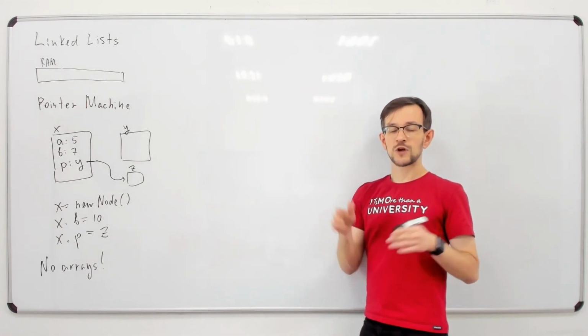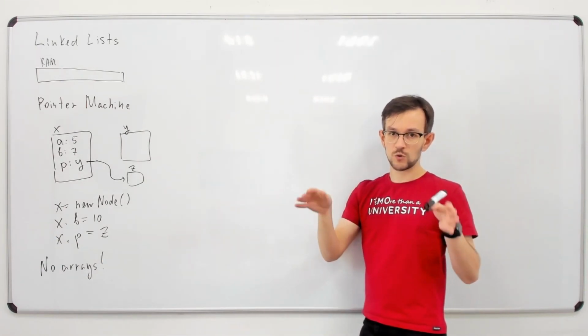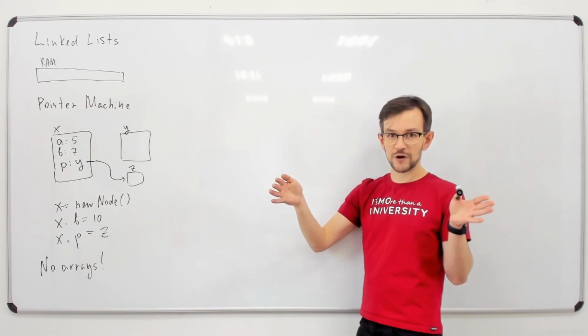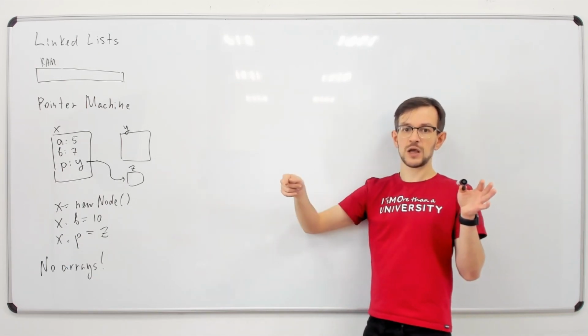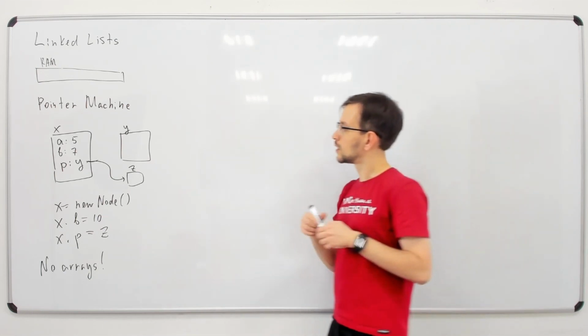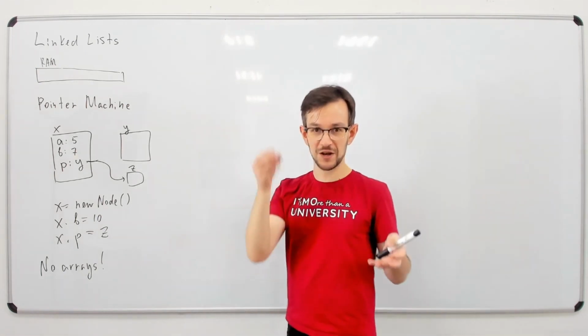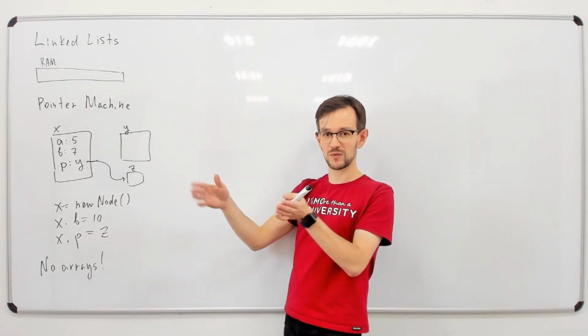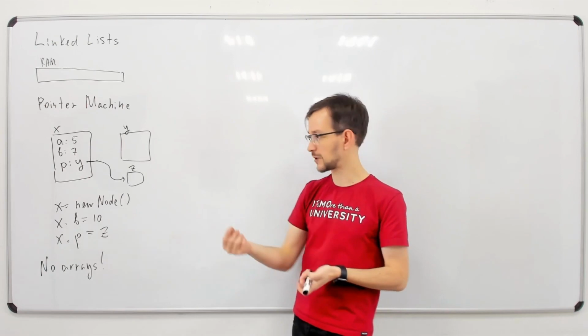In the RAM model you obviously have arrays. You may create an array and access any element of the array by its index. So you can create a segment of this RAM, call it an array, and access any element.